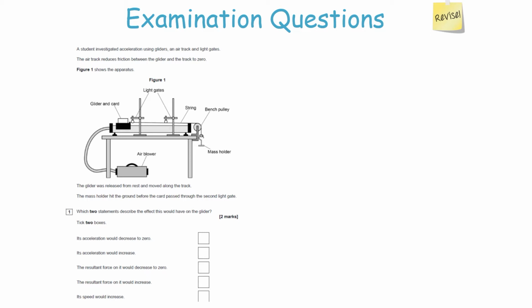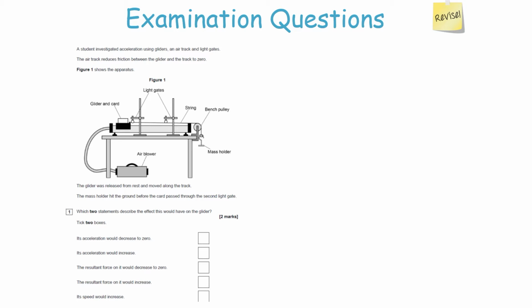Right, so you've got to think to yourself, what would happen in this particular situation? If the mass holder hits the ground before the card passes through the second light gate, well, the mass is providing the resultant force through its weight to accelerate the glider along the surface, because we know F equals ma.